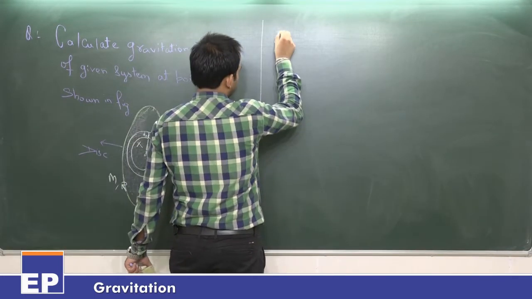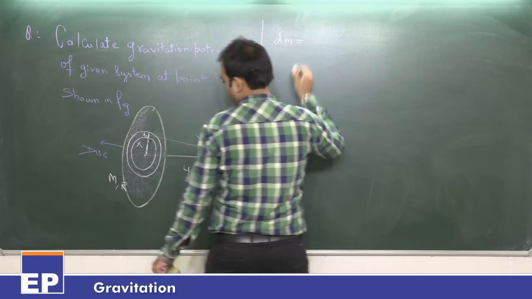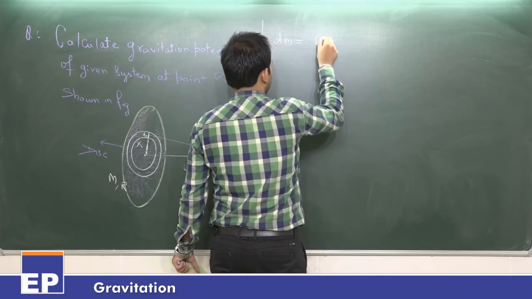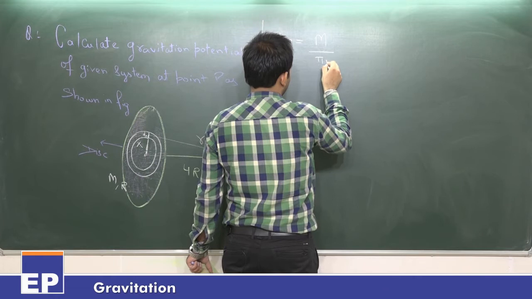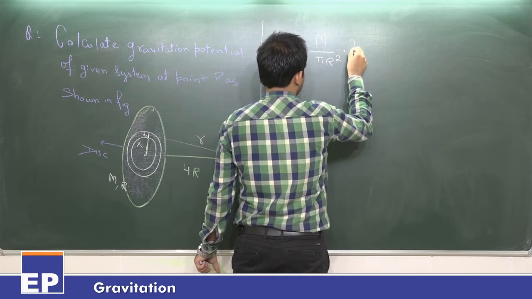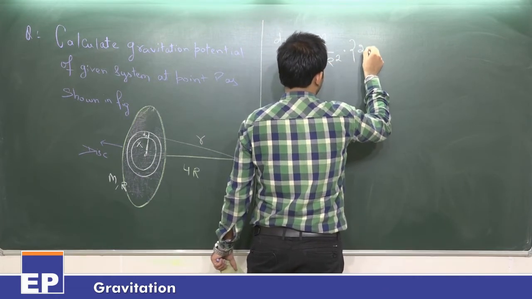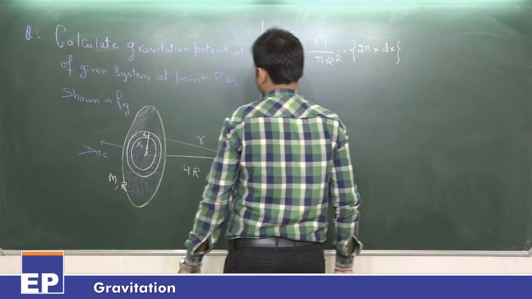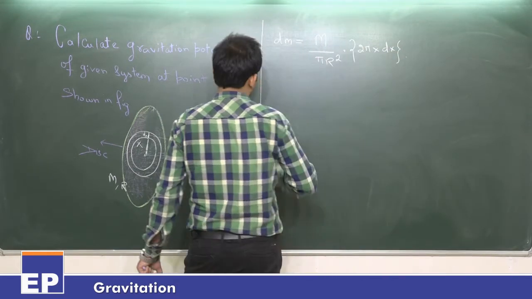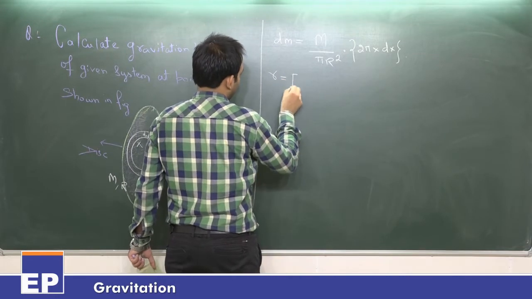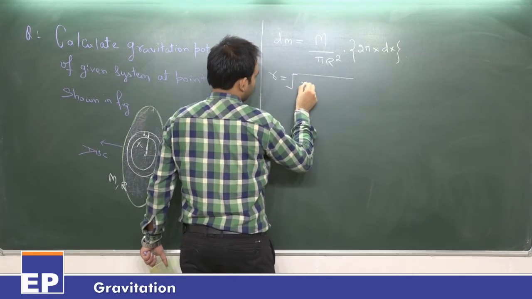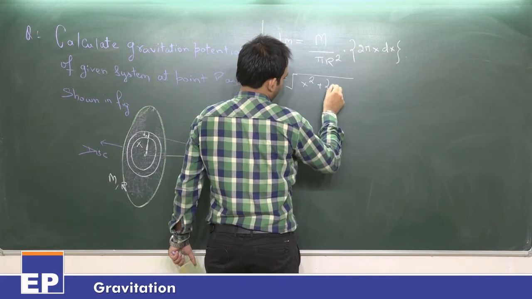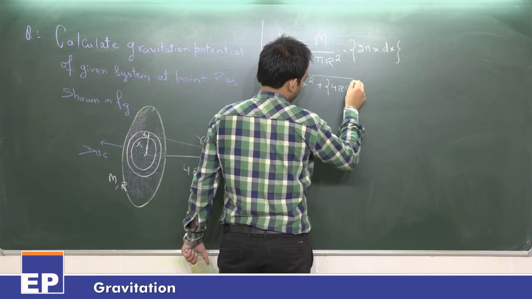So what is first dm? dm is the mass of the ring that we have cut. That is m by pi r square into its area, that is 2 pi x into dx. Right? So what is the distance? Under root of x square plus 4r into whole square.